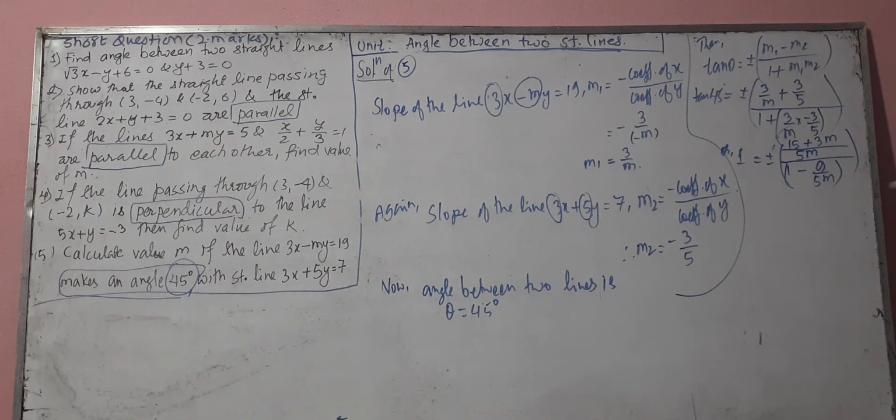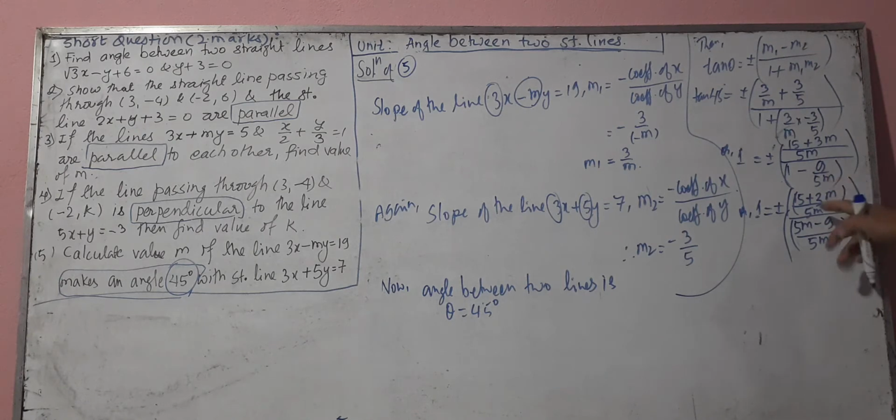So 1 equals plus minus 15 plus 3m by 5m in the numerator, and in the denominator, subtracting 9 by 5m from 1, so we multiply this 1 by 5m, minus 9 by 5m.